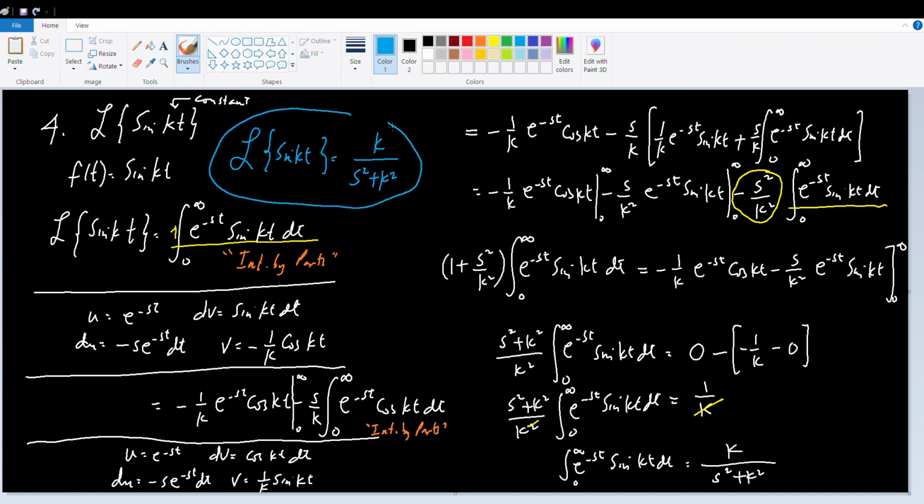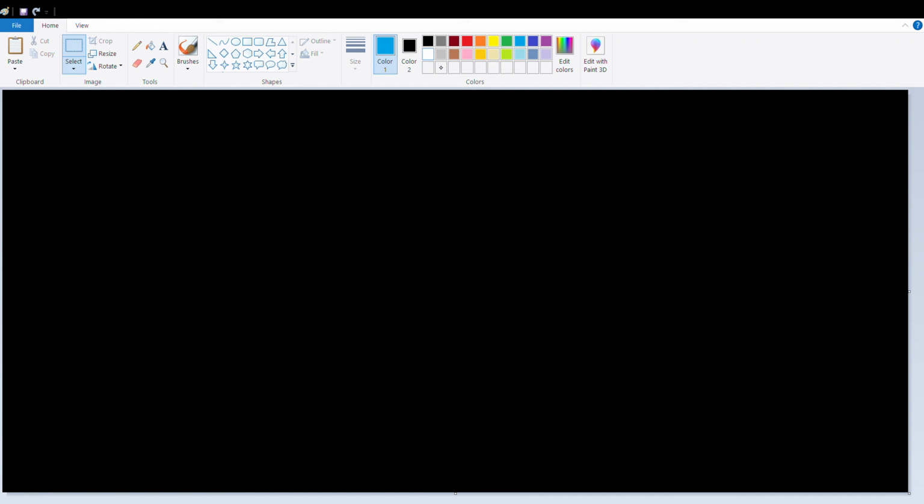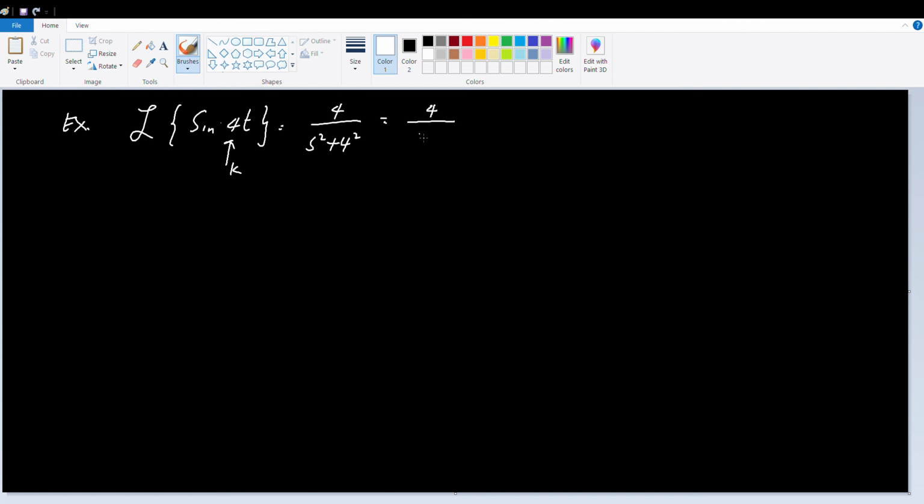There. As an example, the Laplace transform of sine 4t is equal to, our k here is 4, so 4 over s squared plus 4 squared, or 4 over s squared plus 16. Alright?